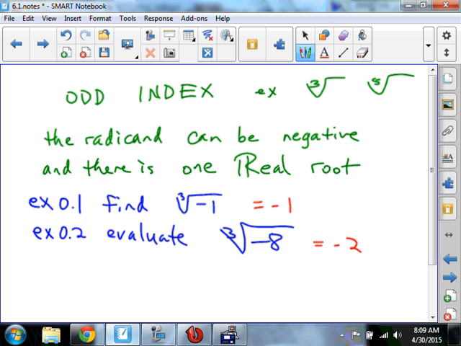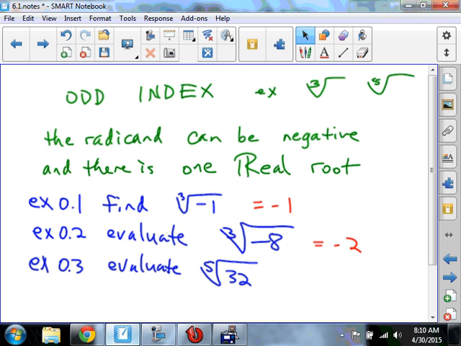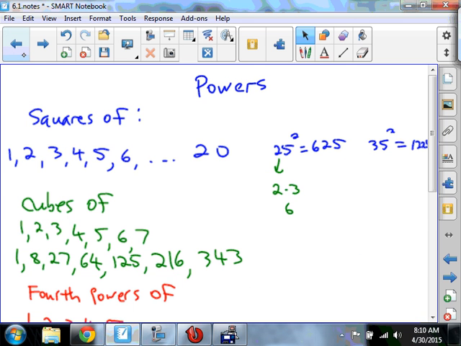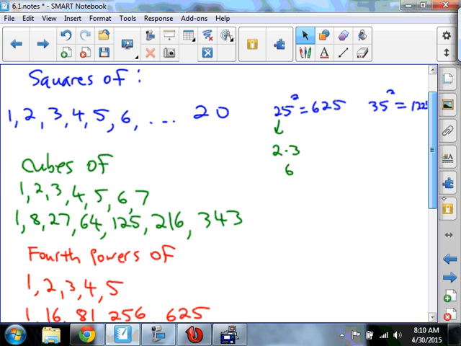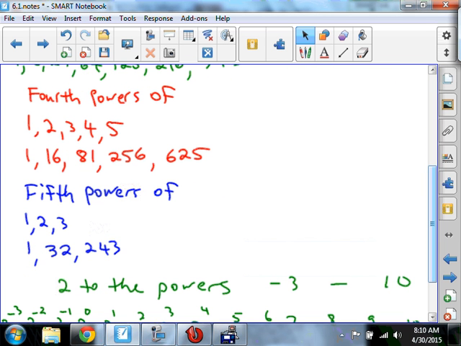Let's do one more. Example 0.3. Evaluate the fifth root of 32. In other words, what number multiplied by itself not once, not twice, not 3 times, not 4 times, but 5 times would equal 32? This is why we've got to know our fifth powers of things.